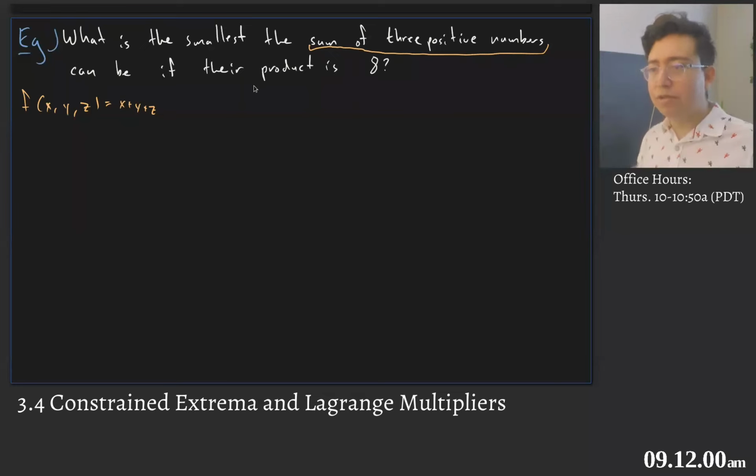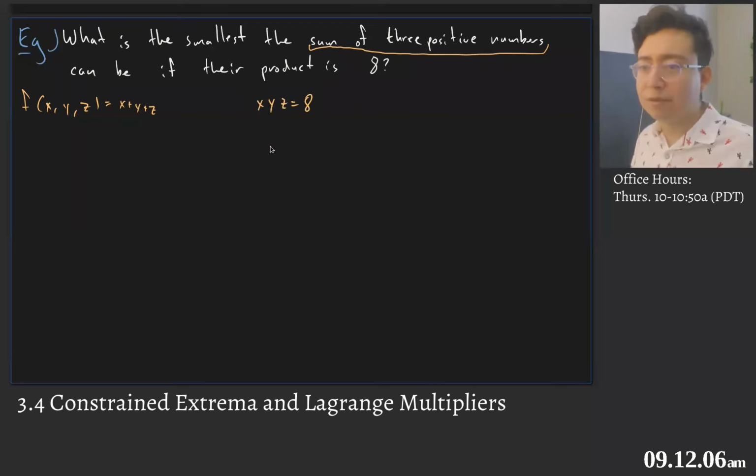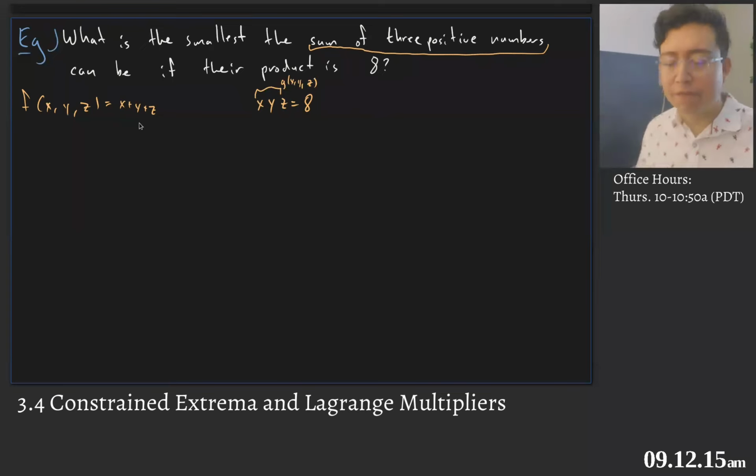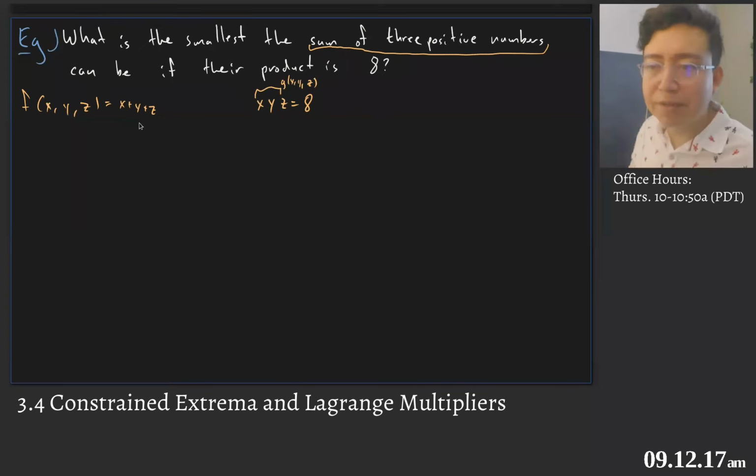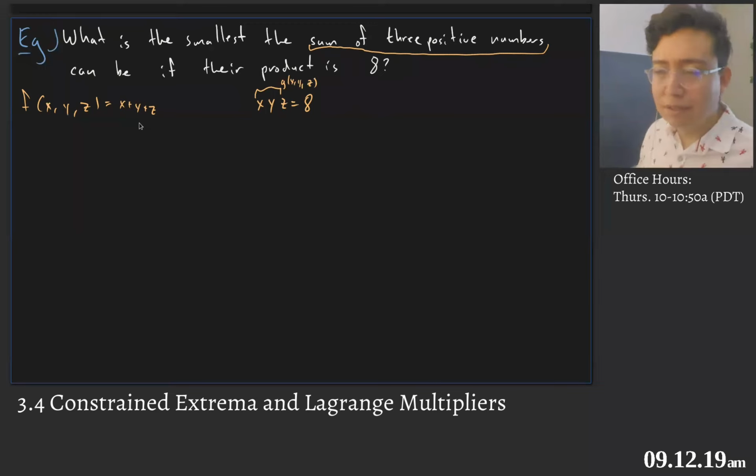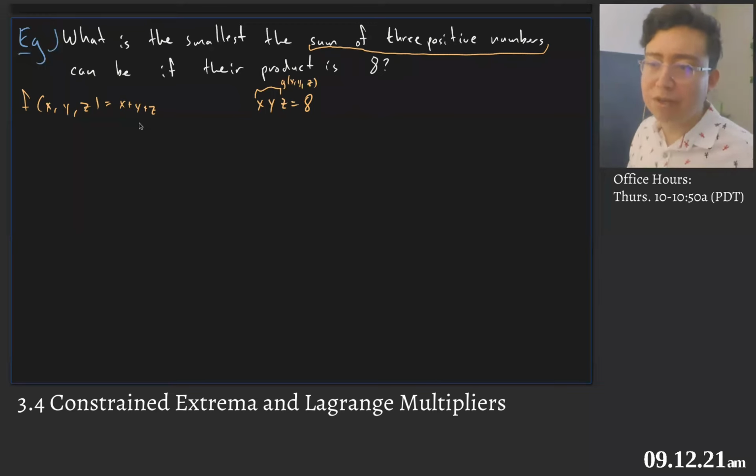But we have a certain restriction. We know that their product is 8. So what does that mean? That means that x times y times z is equal to 8, which we can label our constraint function. So we have a constraint, and a function that we're trying to find the minimum value of, which means that we can just use our method of Lagrange multipliers.